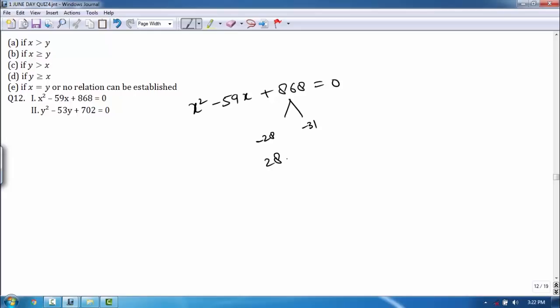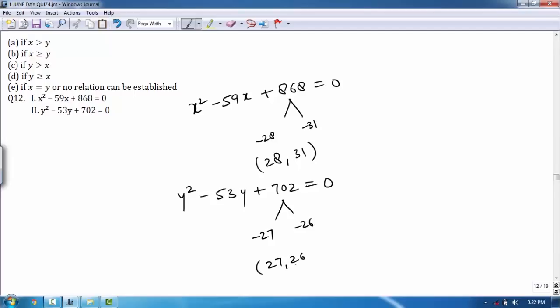So the required roots are 28 and 31. Now the second equation is y square minus 53y plus 702 is equal to 0. So again the numbers are minus 27 and minus 26, and on changing the signs we get 27 and 26 as the required roots.